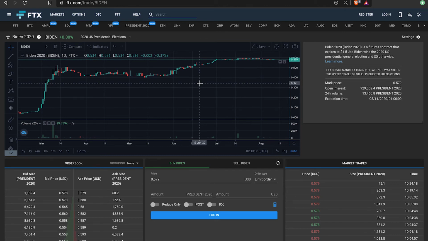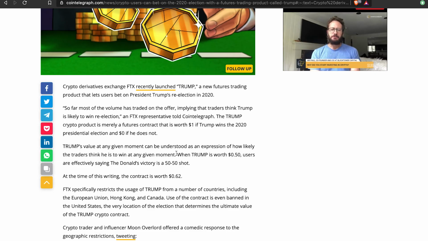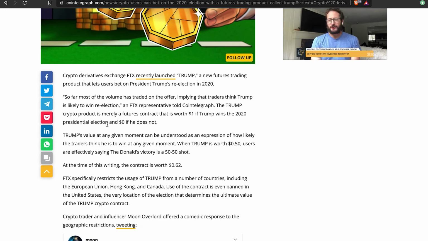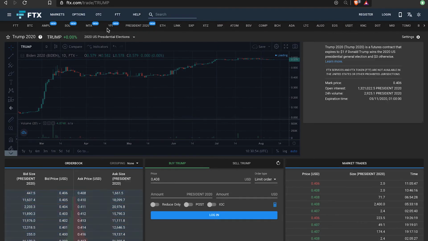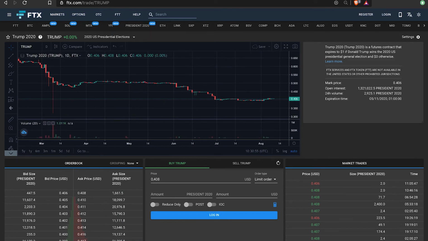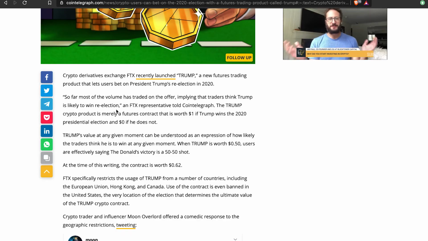Back to the article, you can see here that they described it pretty well. Trump's value at any given, so that's the Trump contract, which is now sitting at, what was it, 40 something cents. Let's go back. Yeah, around 40 cents, 40.5 cents. Trump's value at any given moment can be understood as an expression of how likely the traders think he is to win at any given moment.